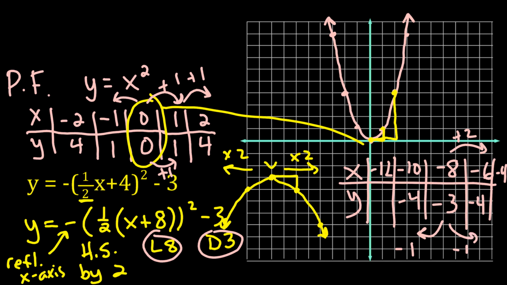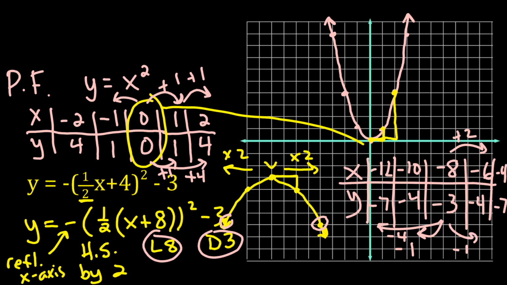Remember, the parabolas are symmetric, so each point's going to be symmetric. And then instead of going up 4 from the origin, we're going to go down 4. So down 4 to get there, so it'd be -7 and -7, and that's exactly what we see on our graph here at those 2 points.